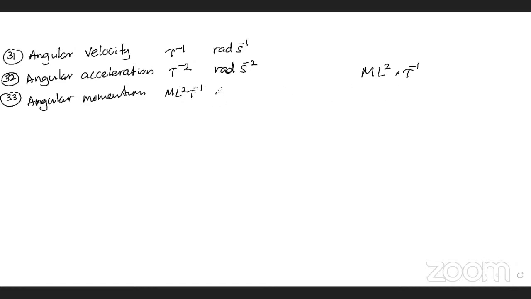This unit is kilogram square meter per second. Or you can write this as radians per second also, or per second. And you can also write this without radian.